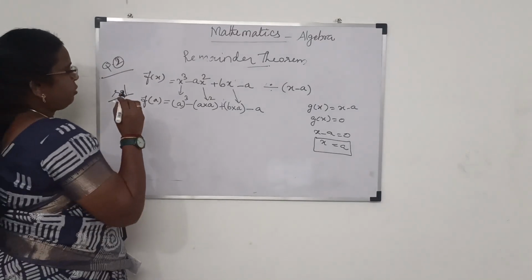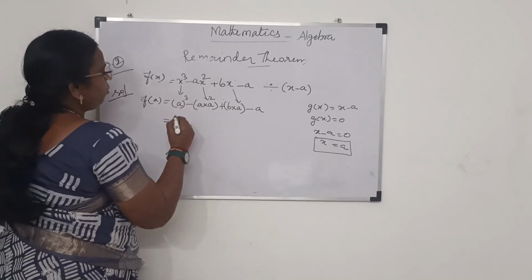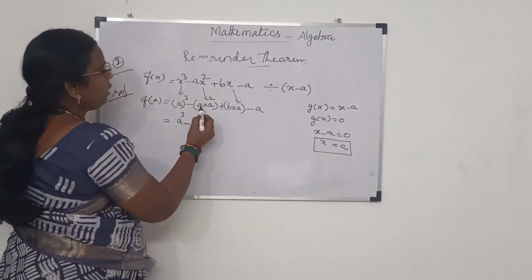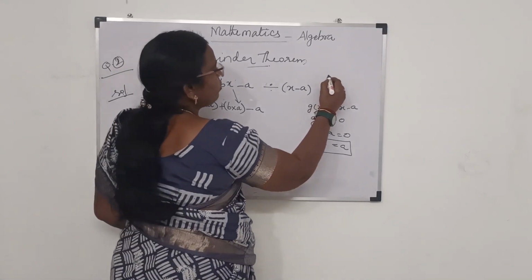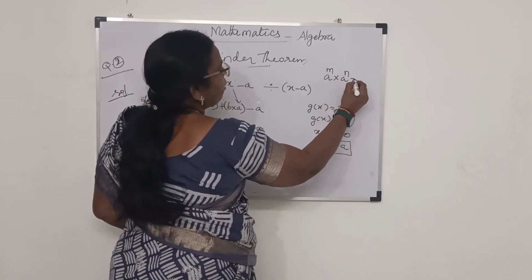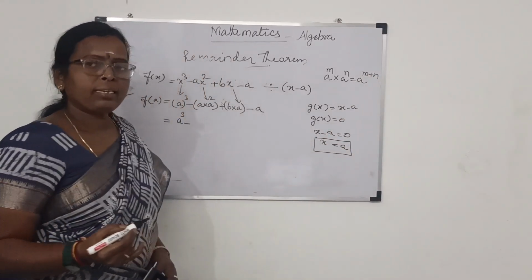Right? So next, a cube. There are no other variables or constants here. So a cube you can write directly, minus a into a square. I already told you, if the base is common, a power m into a power n is equal to a to the power m plus n.